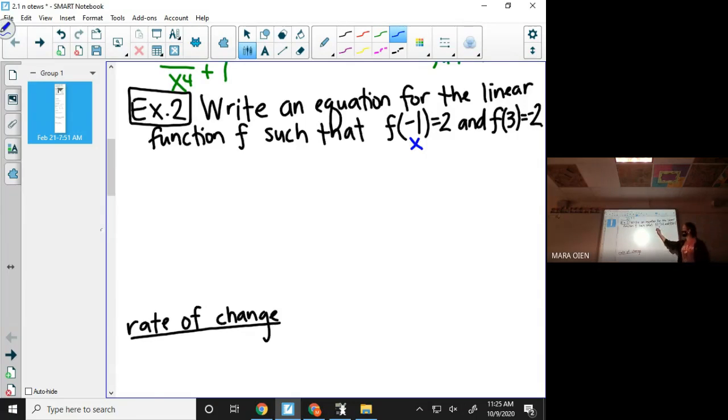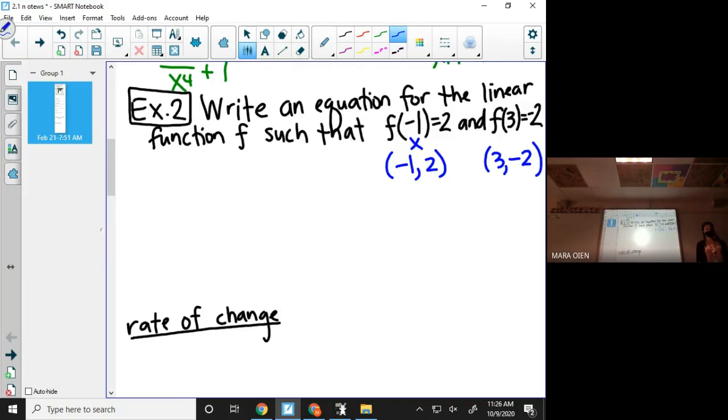In that ordered pair, your x value is negative 1. And they're saying when I put negative 1 into whatever this function is, the y value I get back is 2. And then the second ordered pair is the x value is 3. The y value I get back is negative 2.